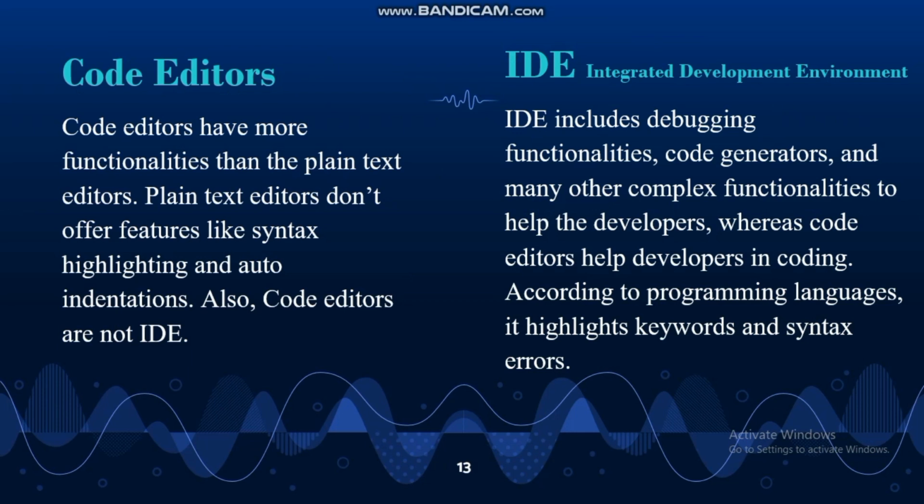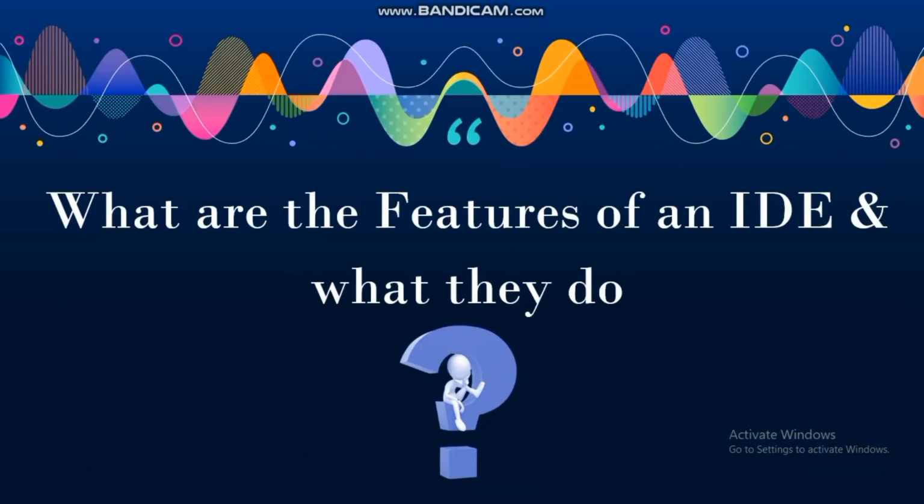Also, code editors are not IDEs. IDEs include debugging functionalities, code generators, and many other complex functionalities to help developers, whereas code editors help developers in coding. According to the programming language, it highlights keywords and syntax errors while writing a program.